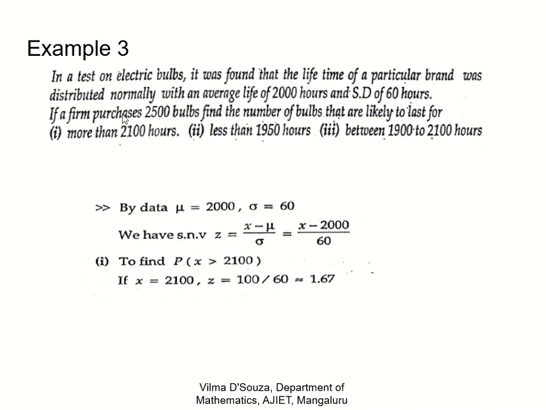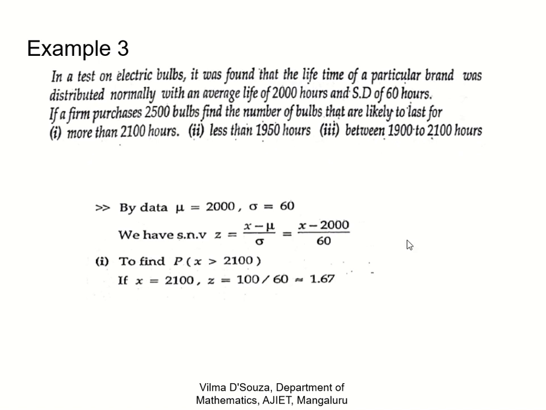If a firm purchases 2500 bulbs, find the number of bulbs that are likely to last for more than 2100 hours, less than 1950 hours, and between 1900 to 2100 hours.